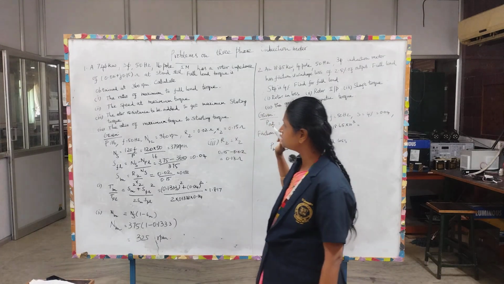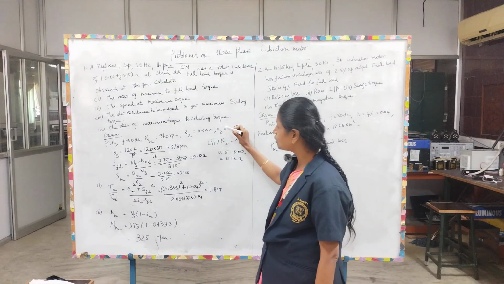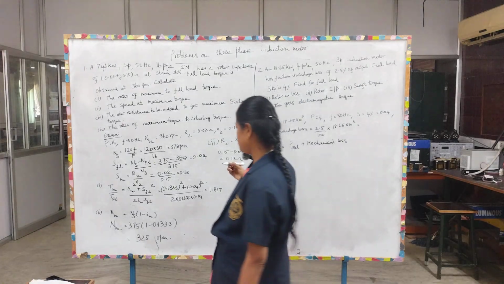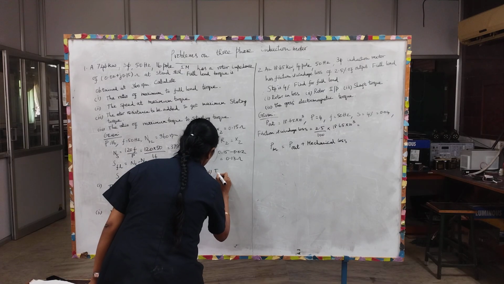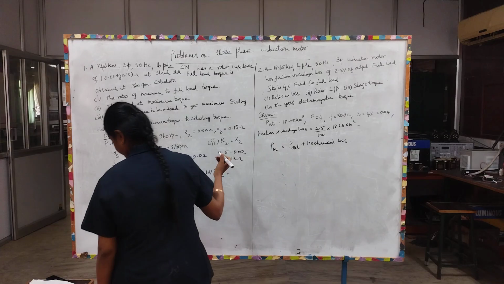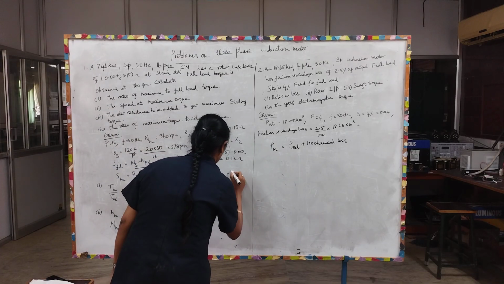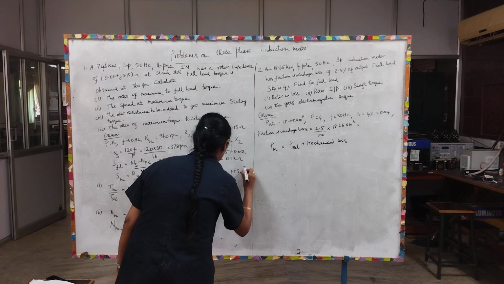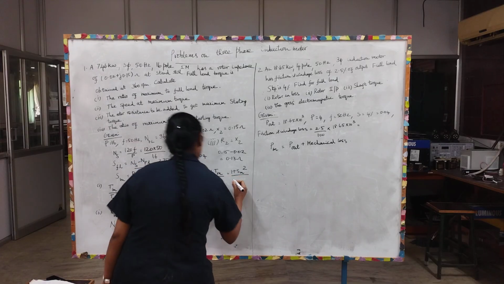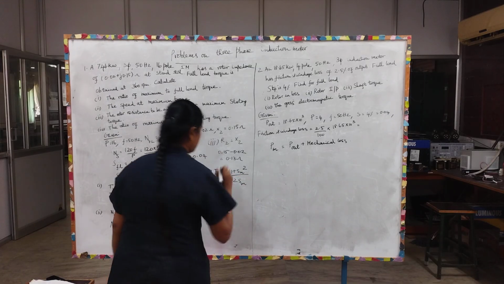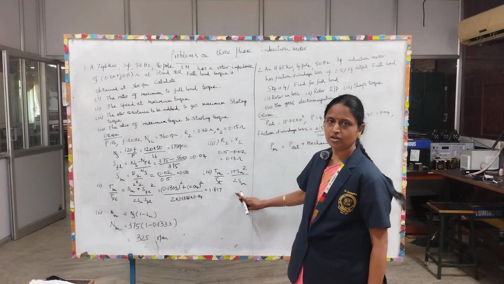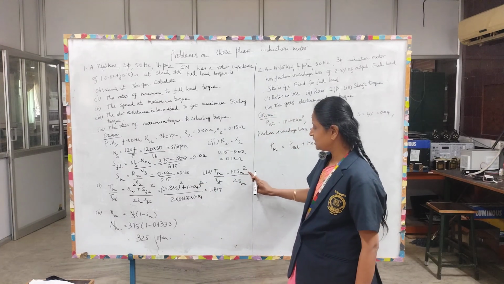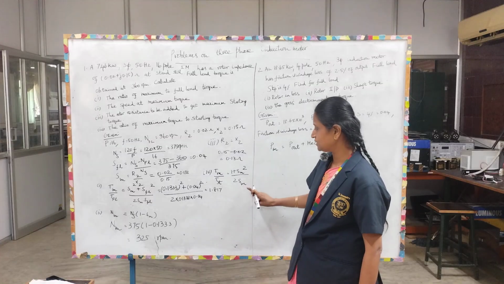And the fourth division is the ratio of maximum torque to starting torque. So we have to calculate the ratio of maximum torque to starting torque. Here the formula for maximum torque to starting torque is given by 1 plus Sm squared divided by 2 Sm.